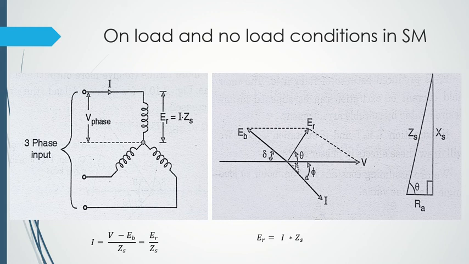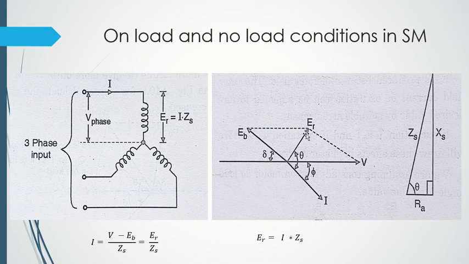Initially we take voltage as reference. Then, remember, there was some load angle delta, and because of that EB was coming like that, not anti-phase with voltage but still opposing voltage. We again take the tail of EB to the head of the voltage phasor and draw the resultant, which is called ER.